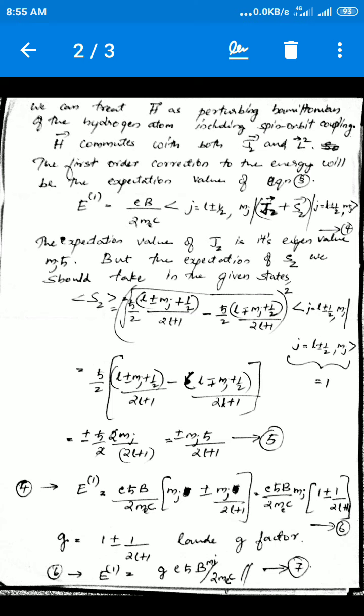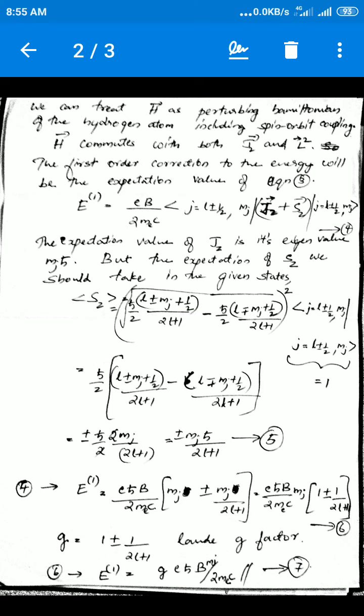For finding the Sz expectation value, I have written it there. We are taking it in the state |j, l plus or minus half, mj>. By substituting the value of the state and its coefficients, you get the square root of h cut by 2 times (l plus or minus mj plus half) by (2l plus 1), minus h cut by 2 times (l minus or plus mj plus half) by (2l plus 1), whole square.